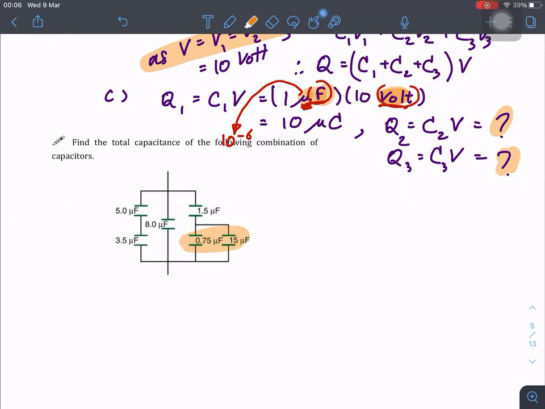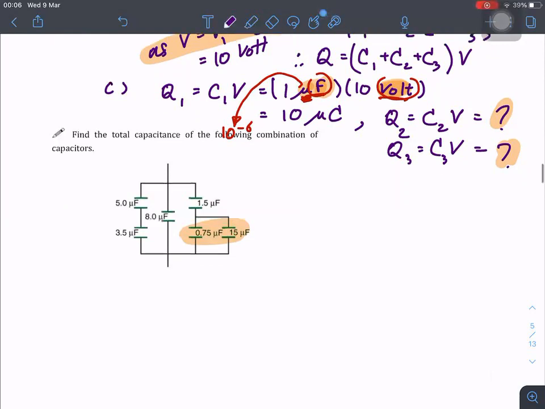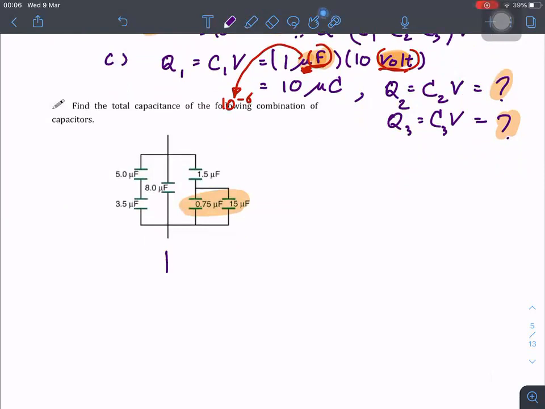Combining these two will give us the system with this one 8 microfarad and this one 1.5 microfarad, adding up 15 and 0.75. So that would be 15.75.